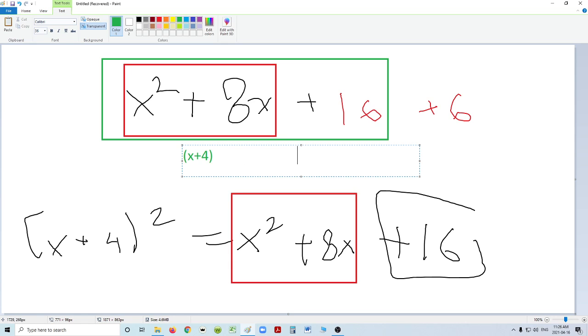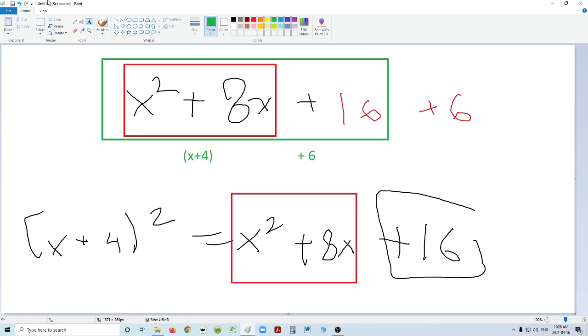And then way over here I have a plus 6. And sure enough, as you've just seen down below, if I expand that part of it, I do indeed get that part of the perfect square right here. And I have a little 6 left over because of that 22.